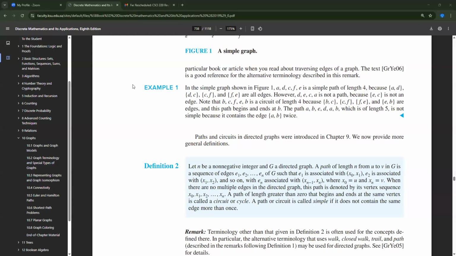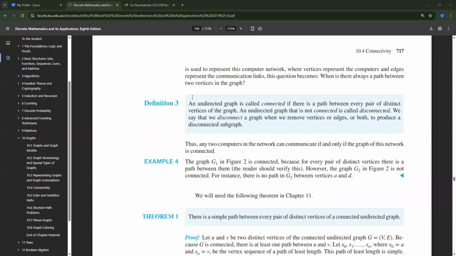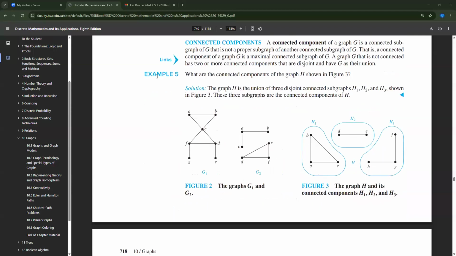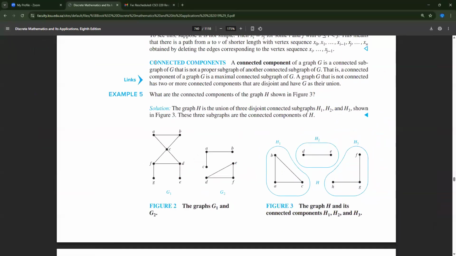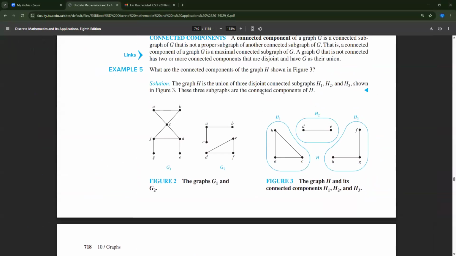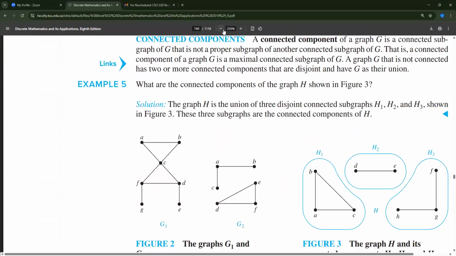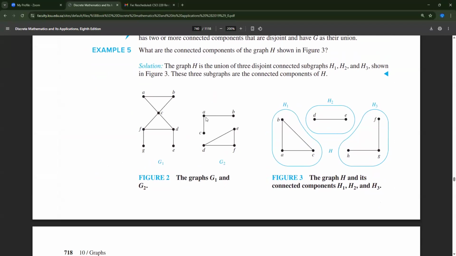Okay. Basically, connectivity in a graph: when you have nodes and the edges between them, what you can end up with is different components of a graph.